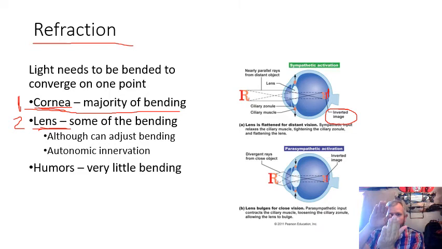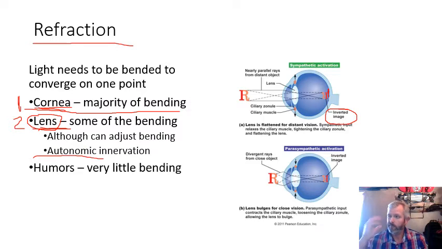Whereas when the light's coming from close up, the light's coming in farther out, and we have to bend it much quicker. To make those adjustments and refract differently, we can change the shape of the lens to change the amount of refraction. Again, it's the autonomic nervous system.